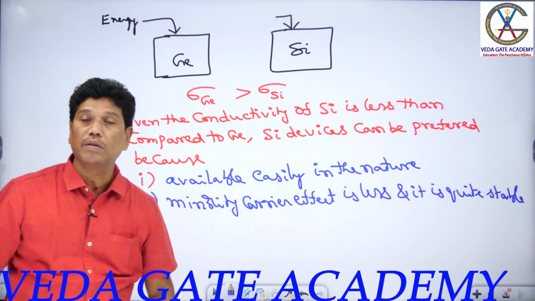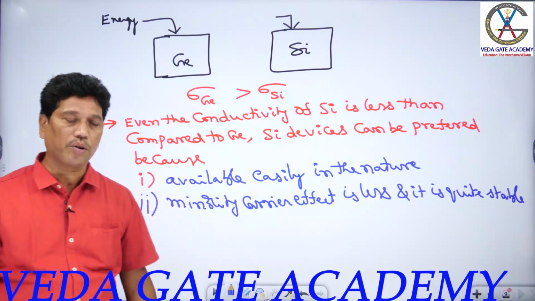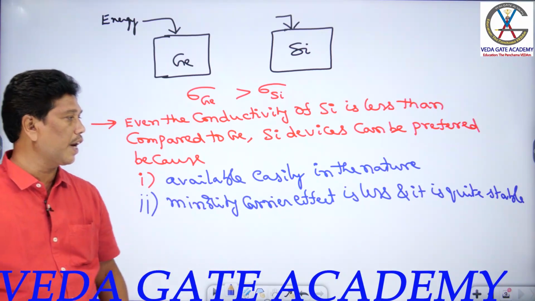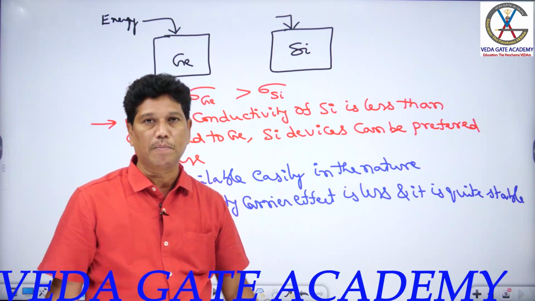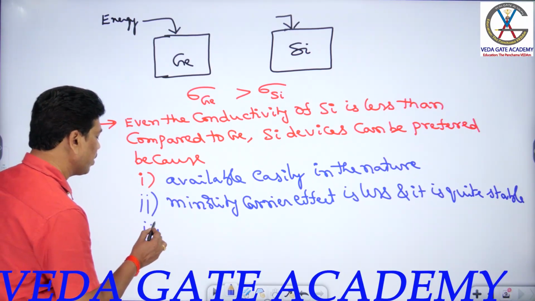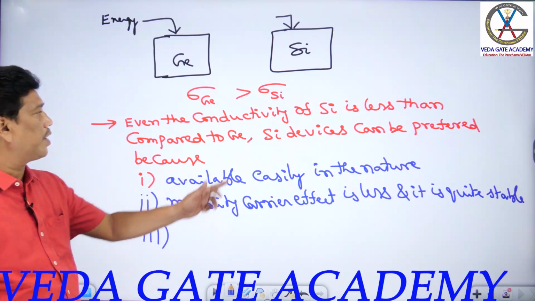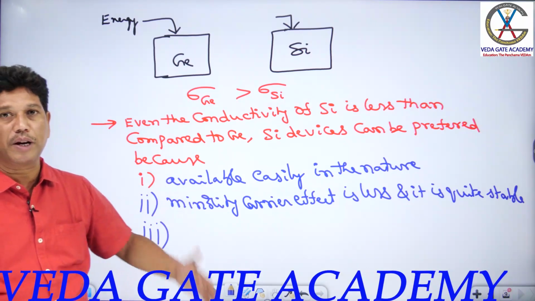This is very important. So the first one is abundant, available very freely or easily in nature. Next, the minority carrier effect is less in the case of the silicon body, and it is quite stable. And one more thing: a silicon-made device can operate even at high temperature. I will discuss that later experimentally also.